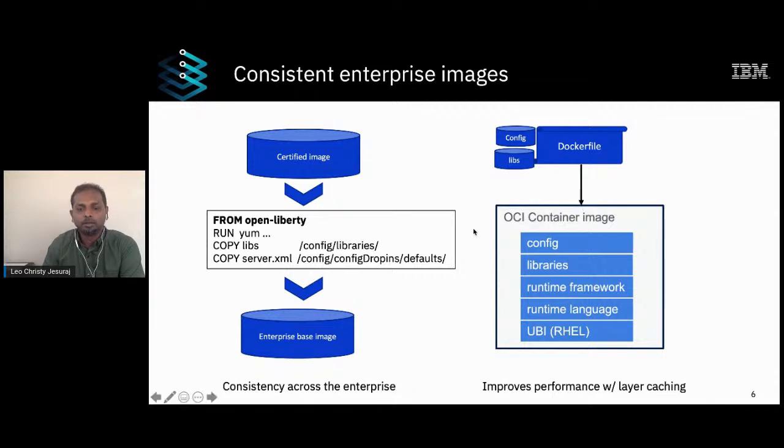So you would see a lot of performance improvement when, for example, you're trying to push an image into the repository, it would be much faster after the first app.